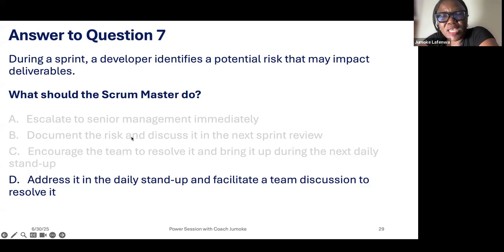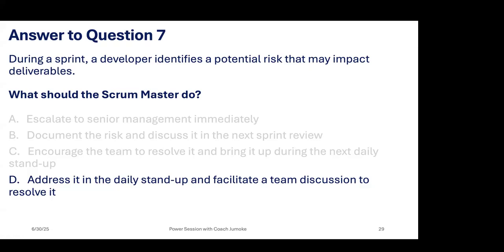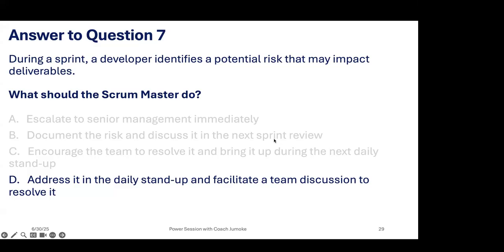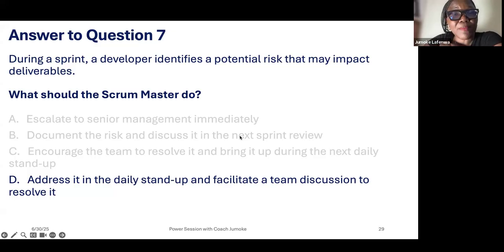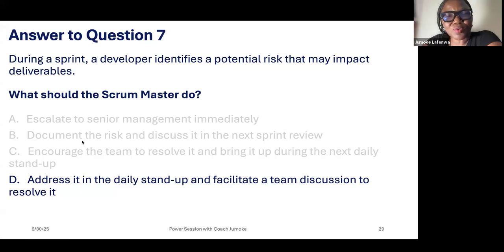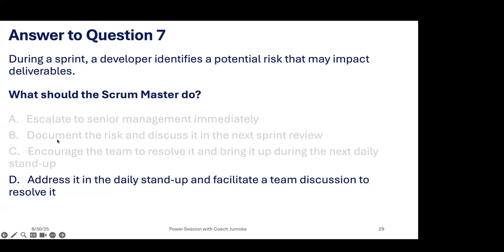Now let's look at B. Document the risk and discuss it in the next sprint review. What happens in sprint review? We demonstrate, we showcase our product. So for me, once there's a risk, the first thing is to document it.